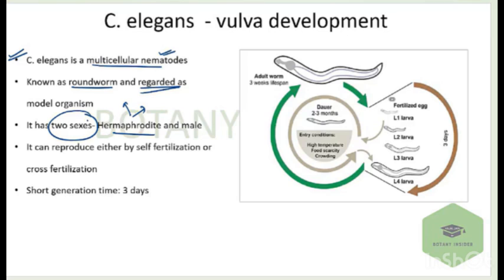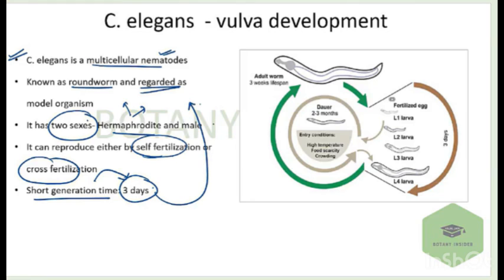And when we talk about the generation time of it, that means the time it takes to develop and form a new one, it is 3 days, right? So C. elegans is a multicellular nematode. It has a very short generation time, hence it can be regarded as a model organism. There are two different sexes present, either a hermaphrodite or a male. It can reproduce via two formats, either self fertilization or cross fertilization.